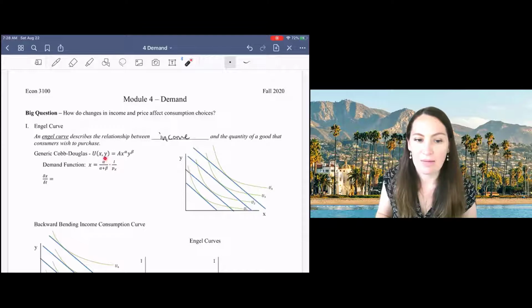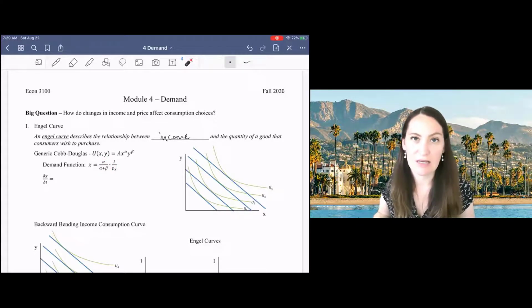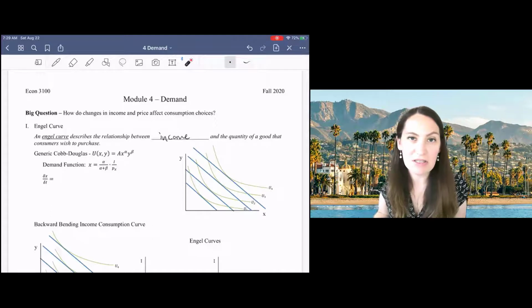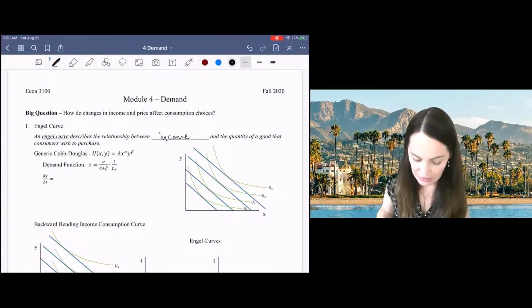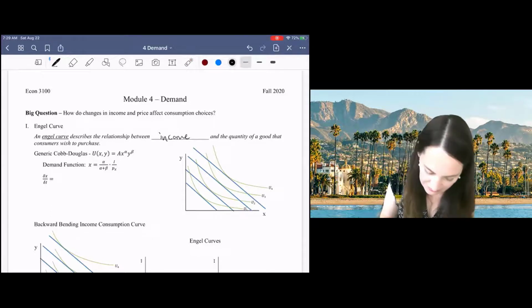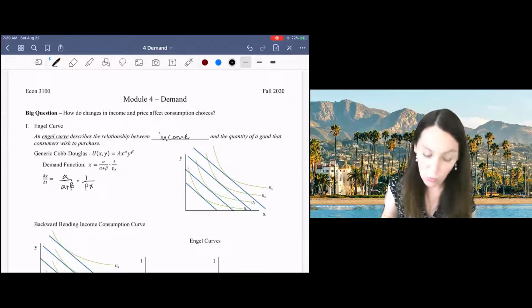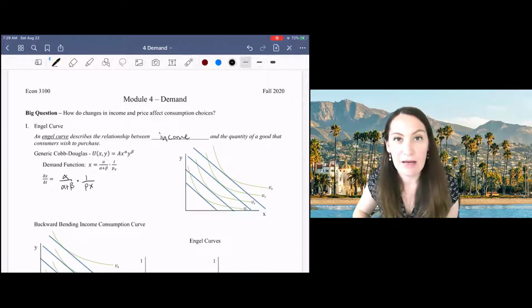I've got my alphas and betas, my price, they're all constants, and I just want to take the derivative with respect to I, and there's just an I sitting there. So the derivative is going to be all my constants times basically the derivative of I, which is just 1. And so what I end up with is this equation.